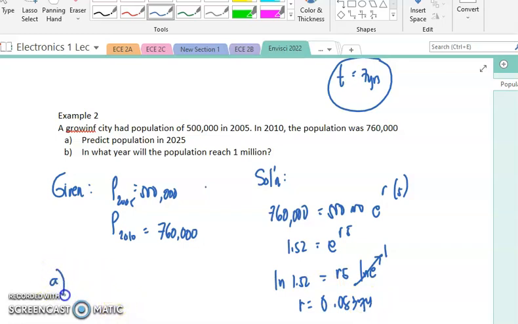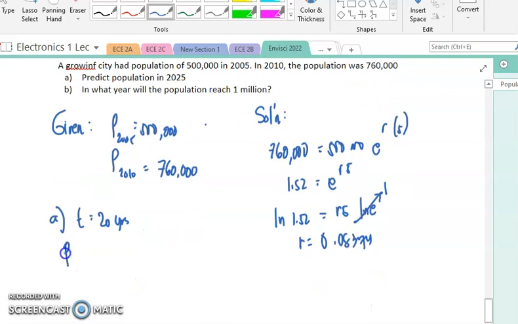So we can now solve for letter A. What is the prediction? Predict population in 2025. From 2005, t is simply equal to 20 years. So what is the population at 2025? We have the initial, 500,000, times e raised to 0.08374 times 20 years. So 0.08374 times 20 is 1.6748.